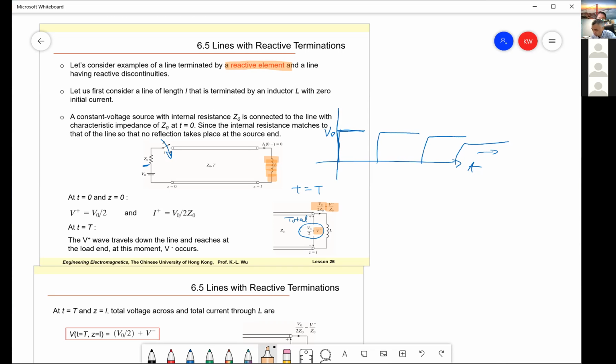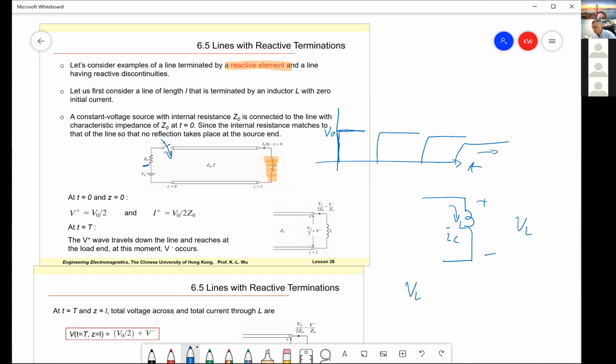So we have a total current and a total voltage across the inductor. We have an inductor with a current and a voltage. This is the inductance.